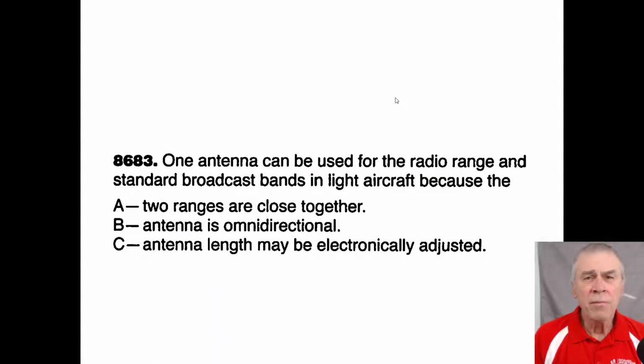One antenna can be used for the radio range and the standard broadcast bands in light aircraft because when can you just use one antenna to do more than one function? A, because the two ranges are close together. B, because the antenna is omnidirectional. Or C, the antenna length may be electronically adjusted.